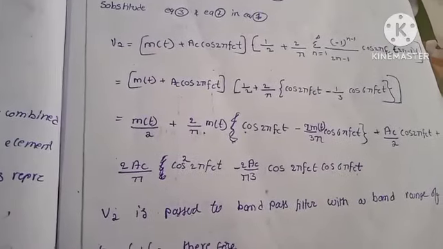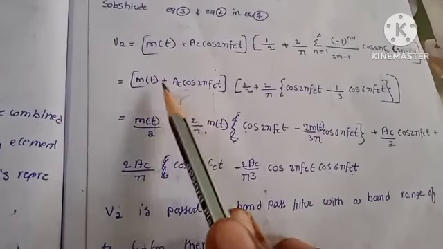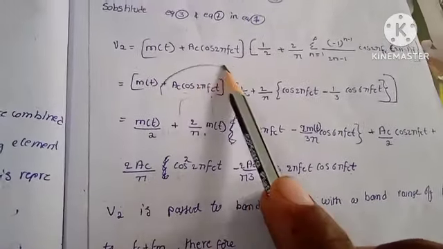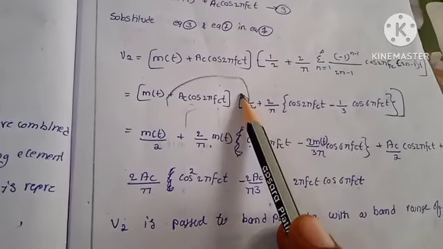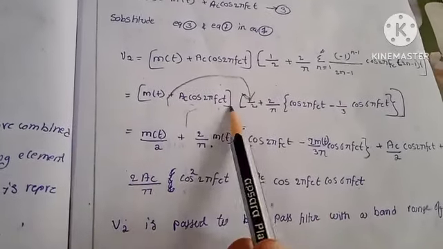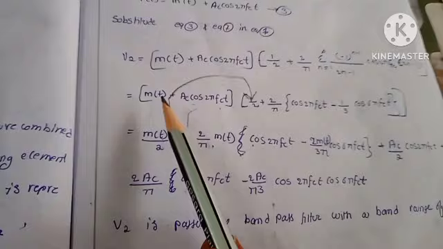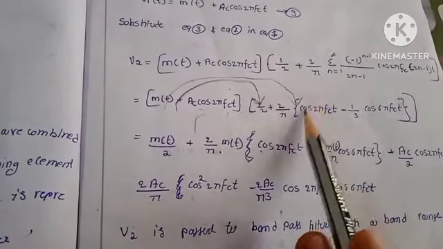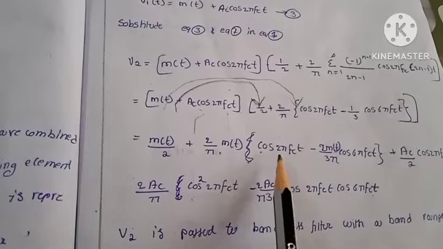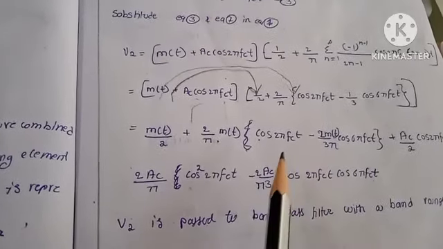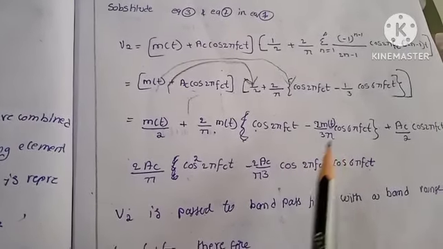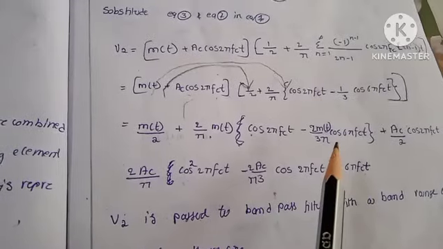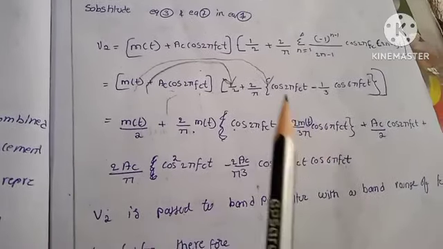First we multiply the m of t term with half, we get m of t by 2, and multiplying m of t with the second term, we get 2 by pi m of t cos 2 pi fc t minus 2 m of t by 3 pi cos 6 pi fc t.